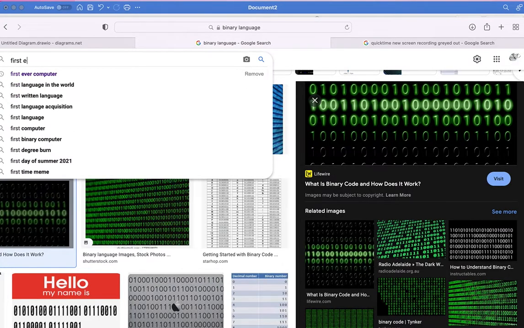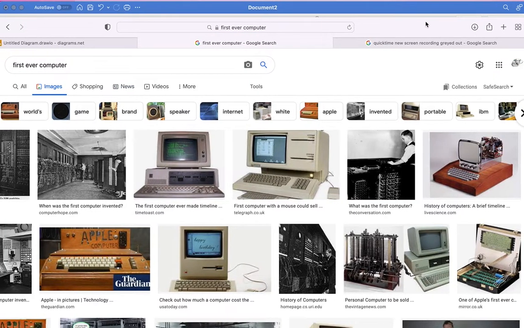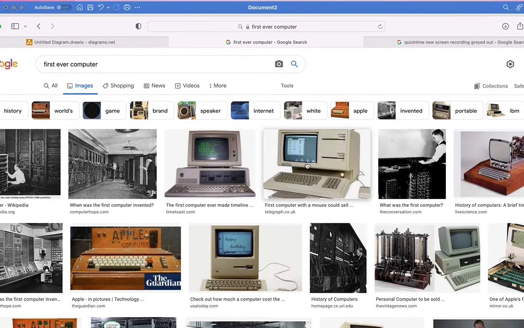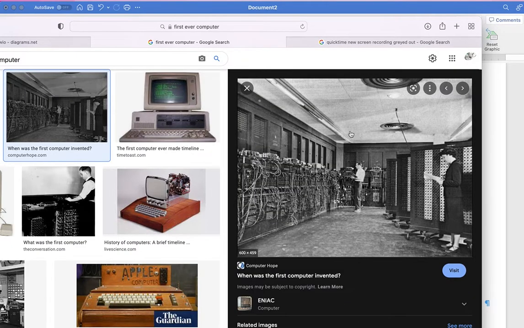And if we look at the first ever computers, now what it actually considers the first ever computers is up to anyone's guess. This is not the first ever computer. This is something a bit more accurate. This was a tube computer. It had tubes filled with chemicals inside of it. That was literally how it processed things. You would have entire rooms of these computers.